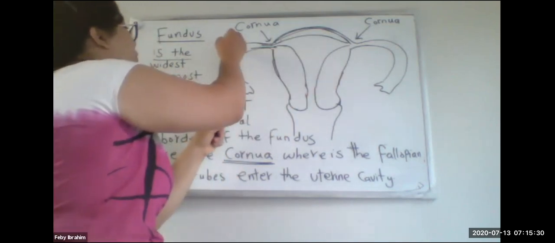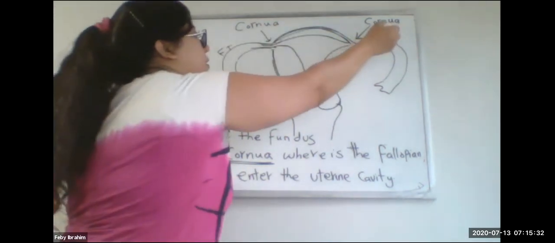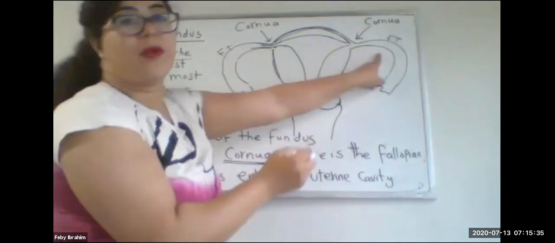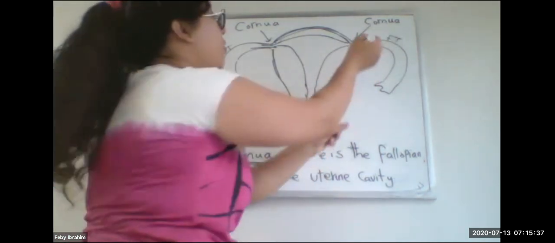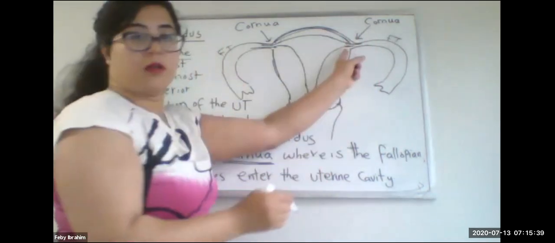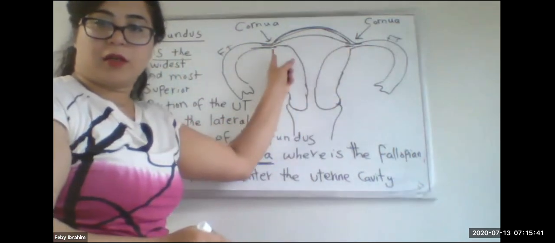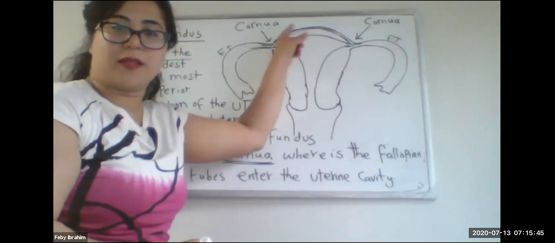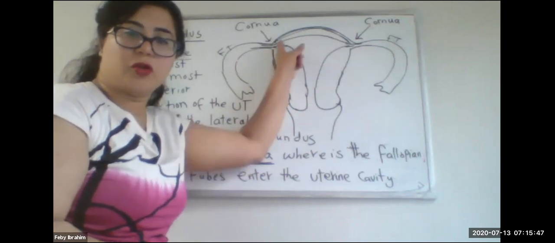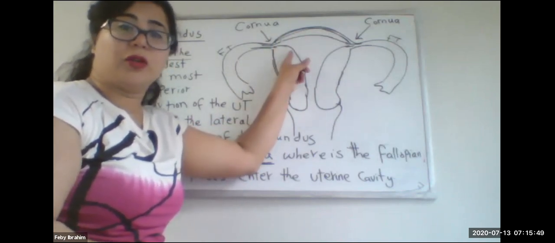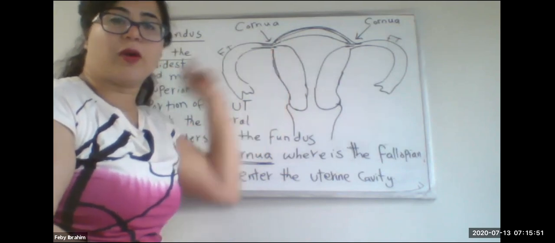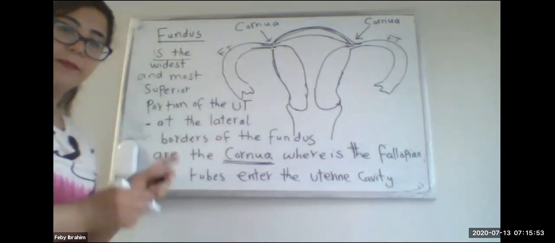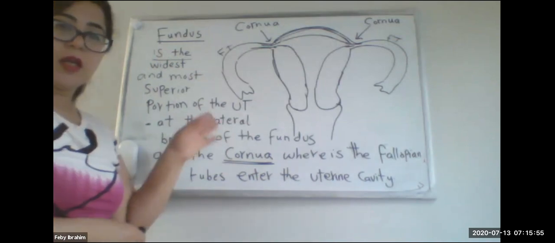So we have one fallopian tube and the other fallopian tube. The fallopian tubes enter the uterine cavity through this area here, the cornua. This is for the fundus.